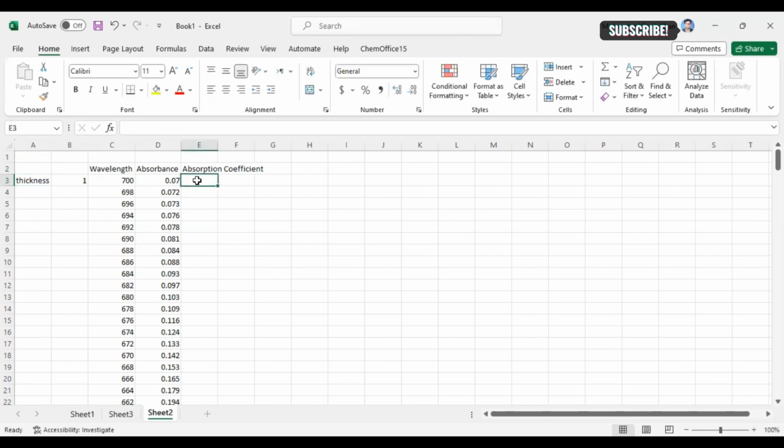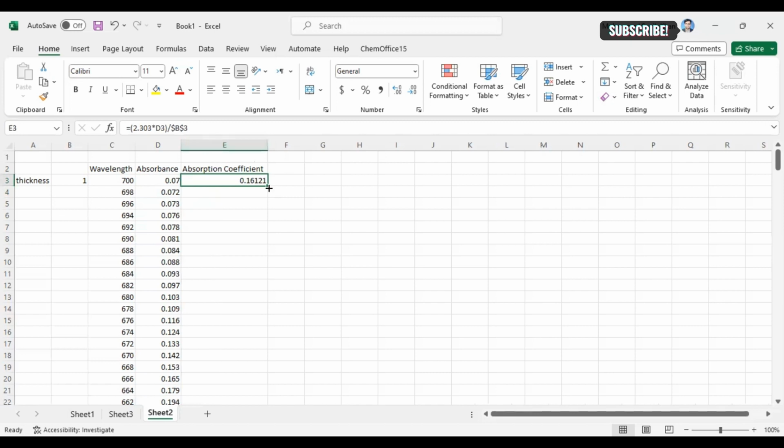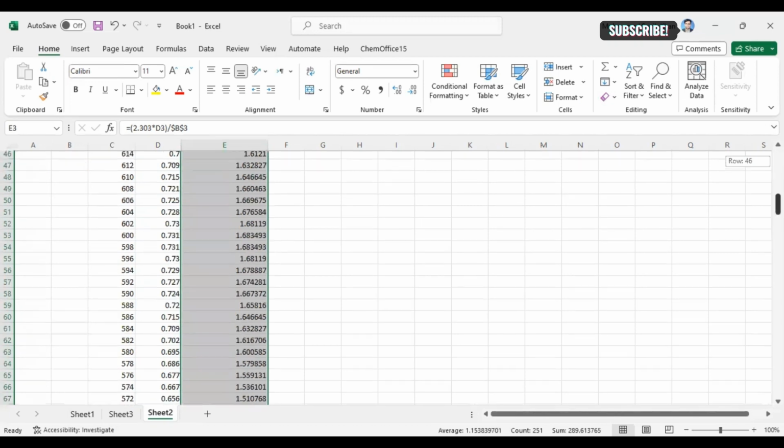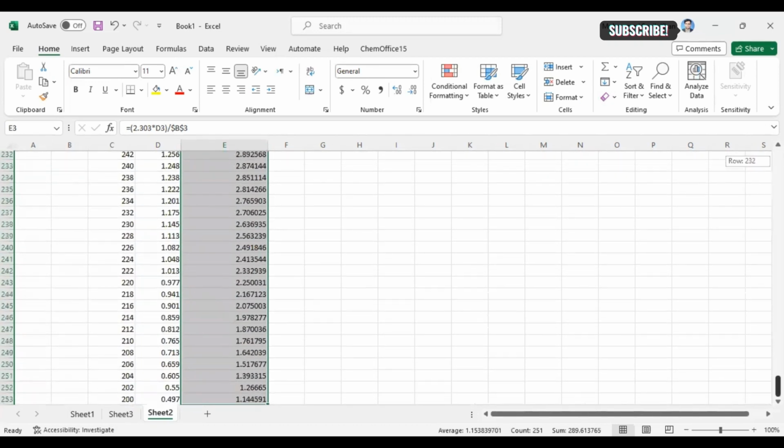So let's write the formula again: is equal to 2.303 multiplied by absorbance and divided by thickness. So we will lock this thickness to have the same reading below. So just double click over here and the formula will be copied all the way till 200 nanometer.